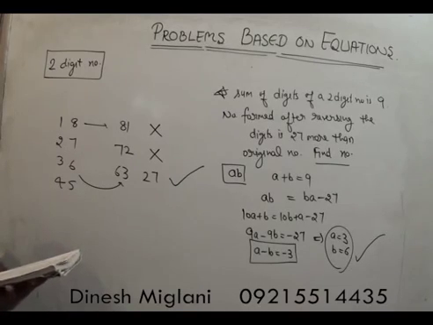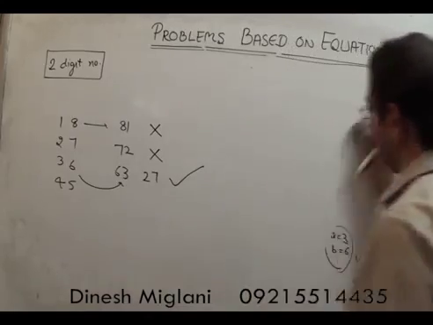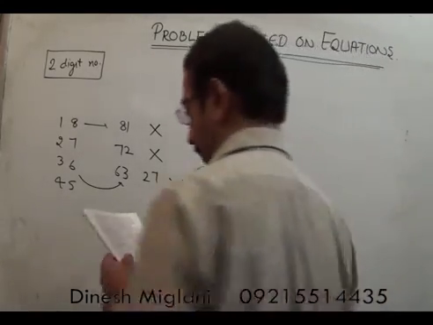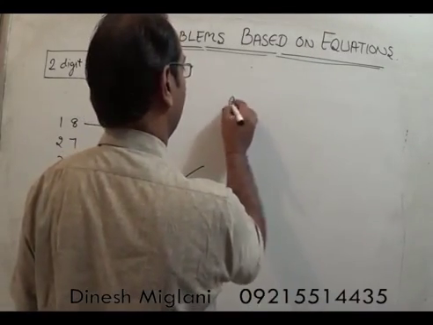So this is a problem based on numbers. We may have one more problem on the concept of a two-digit number. It is given that a two-digit number has the product of the digits as 12.